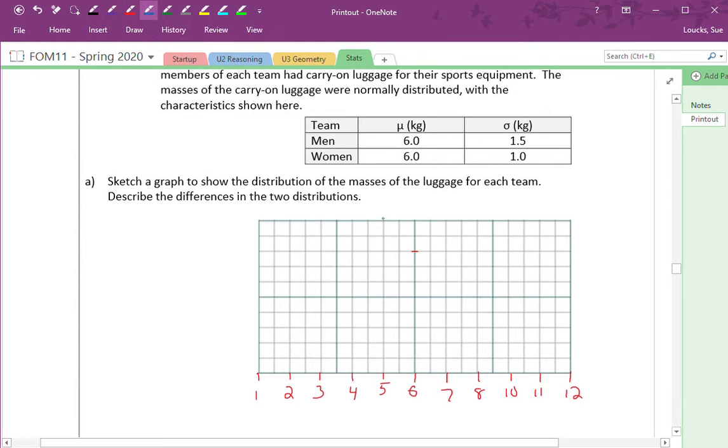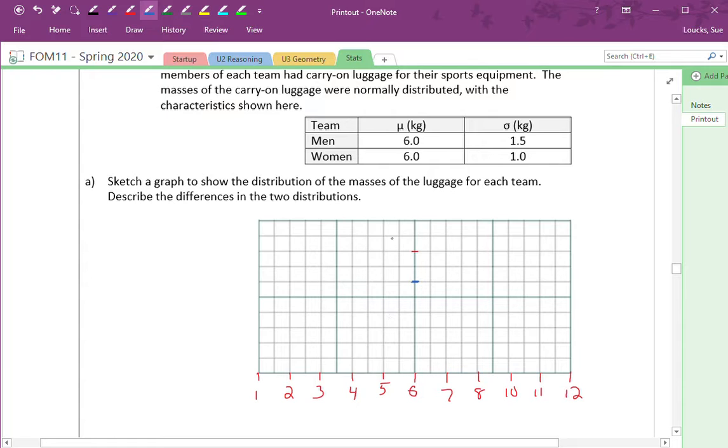I'm just arbitrarily going to say that the men's peak is here. And I also know that the men's curve is going to spread out further. Sorry, I'm just thinking out loud, which is not a good thing to do when I'm recording. Okay, so I know that the men's curve is going to be lower and wider.